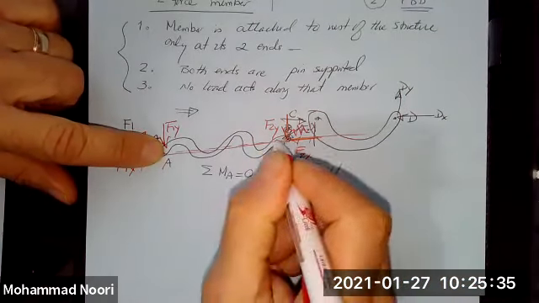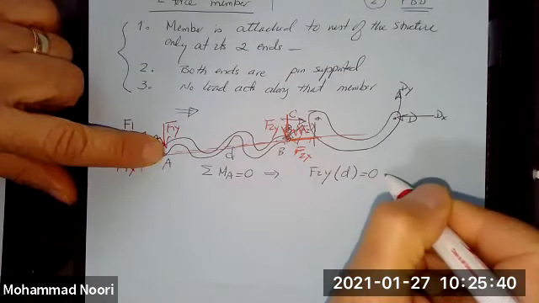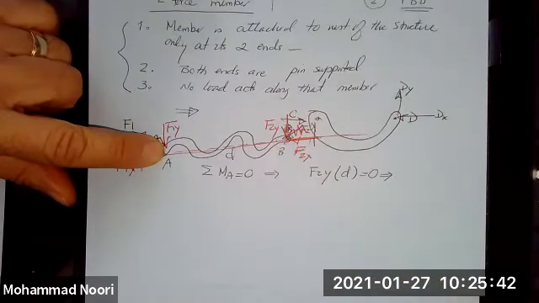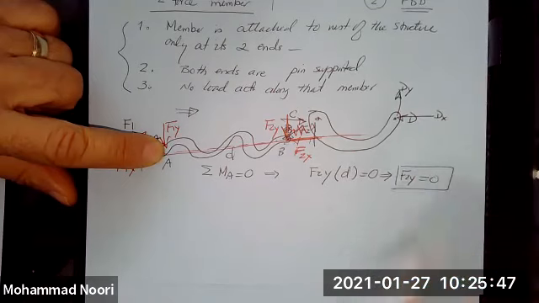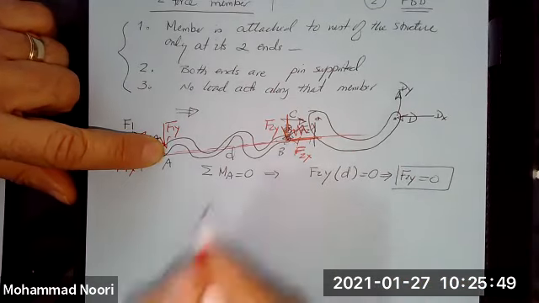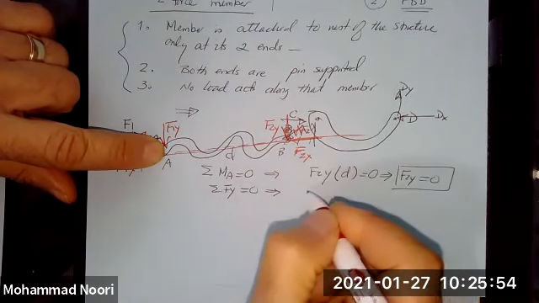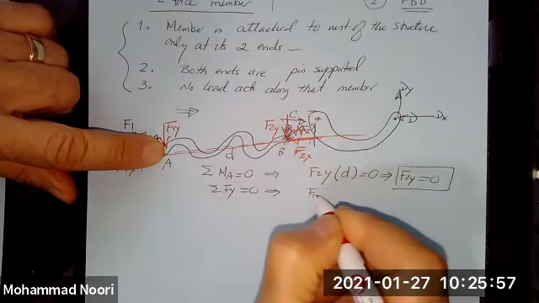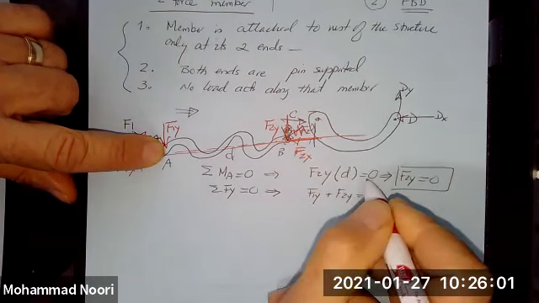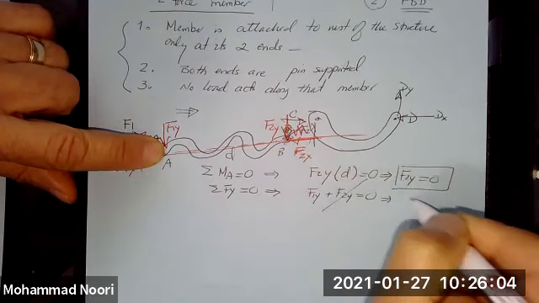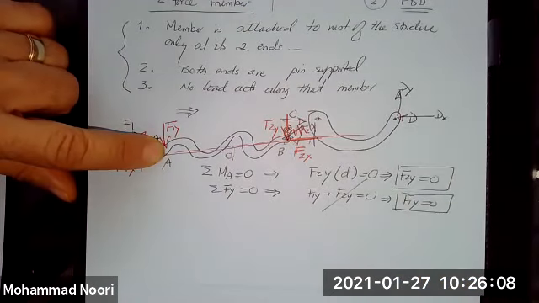F2y times the vertical distance here, let's say D, is 0, and that's it, which means F2y has to be 0. And now if you write summation of forces along y equal to 0, what do you have? You have F1y plus F2y equal to 0. This was already 0. That means F1y has to be 0 as well.